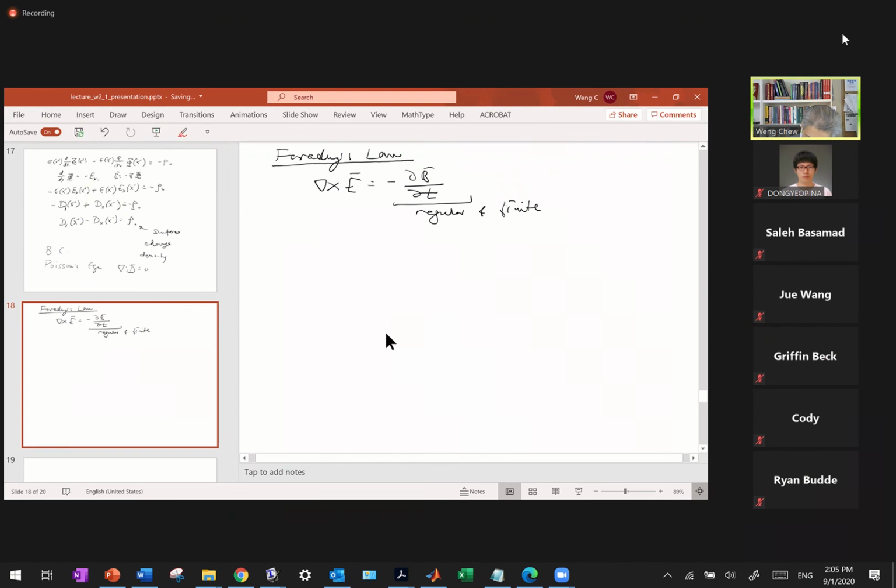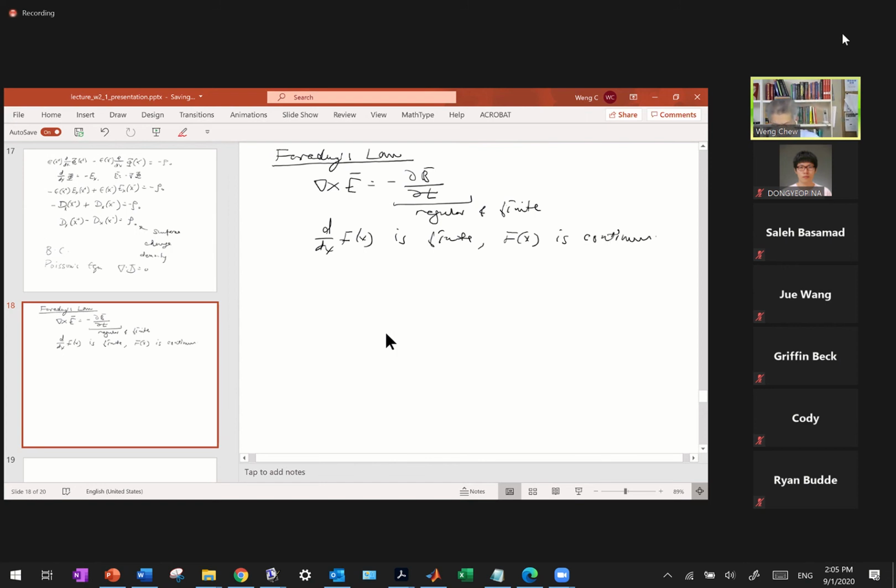Okay, curl of E has to be something that produces no singularities. So what we have is the fact that if d dx of f of x is finite, f of x is continuous.